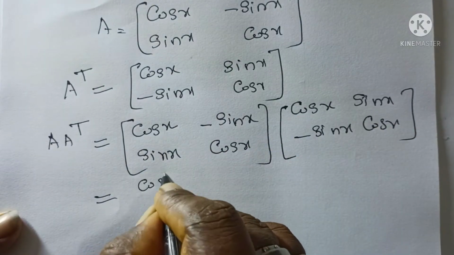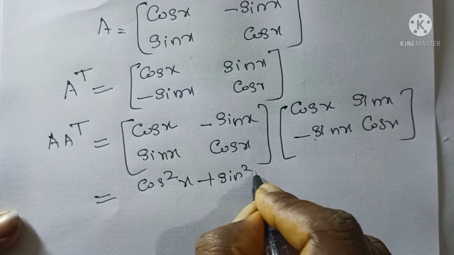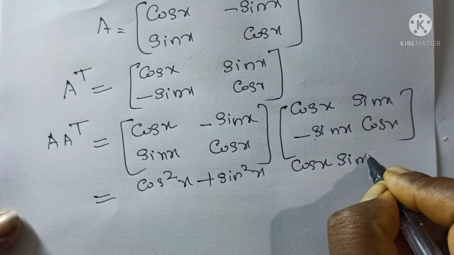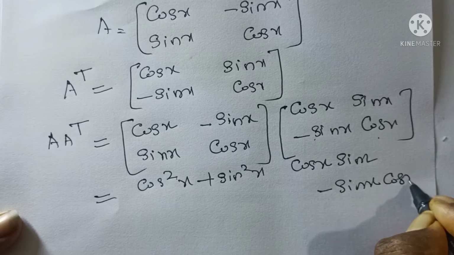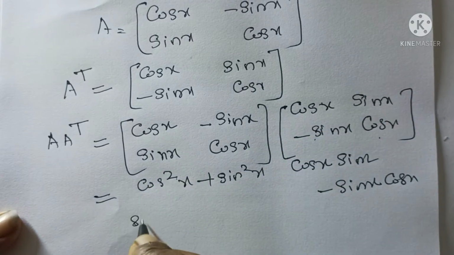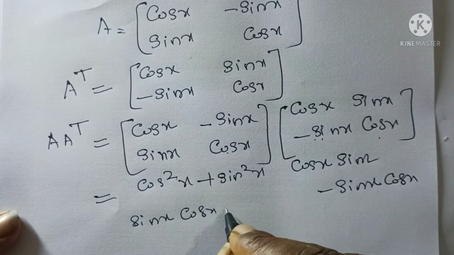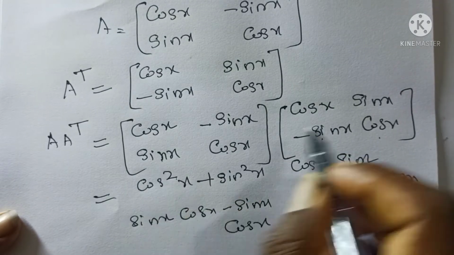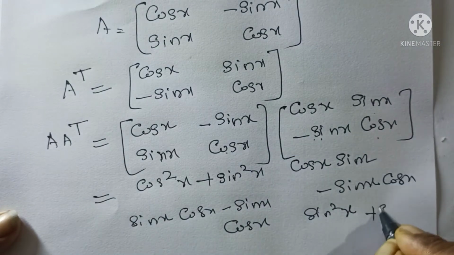So cos square x, minus minus plus, so plus sin square x. Here cos x sin x minus sin x cos x. Here sin x cos x minus sin x cos x. Here sin square x plus cos square x.